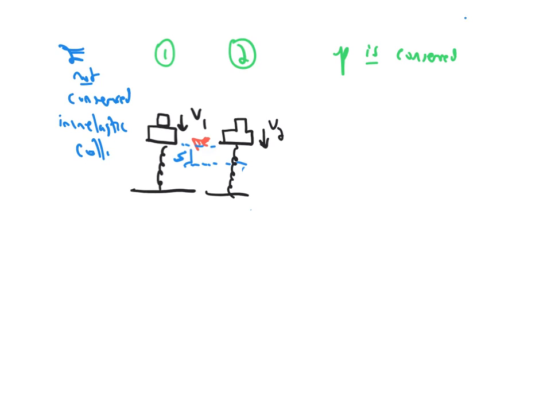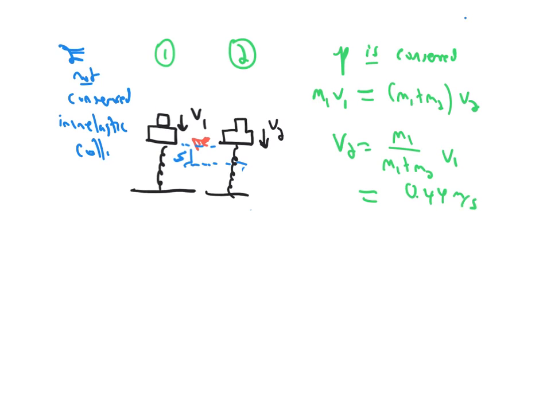So we can say something like m1 v1, the momentum right before the collision, is equal to (m1 plus m2) v2, the momentum right after the collision. And so v2 is going to end up being m1 over (m1 plus m2) times v1. And if we grind out those numbers, it's about 0.44 meters per second.